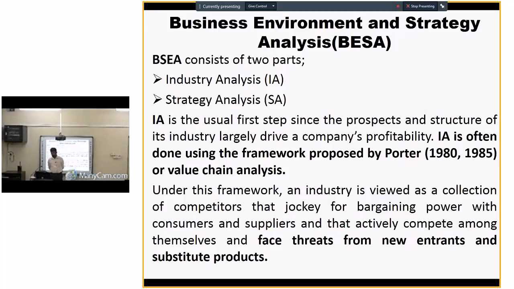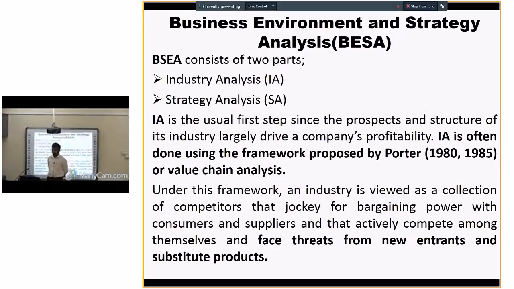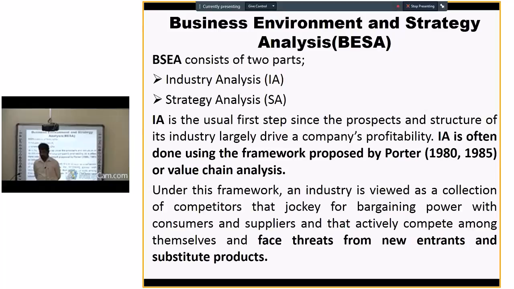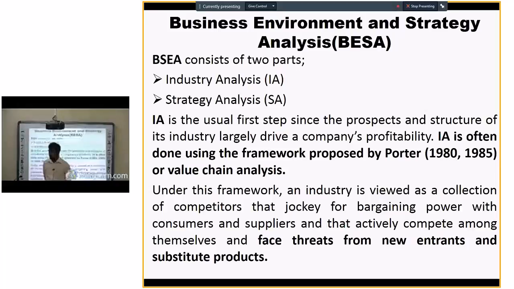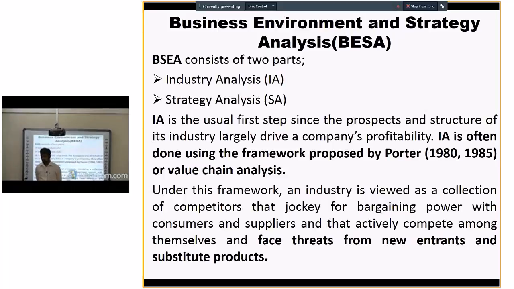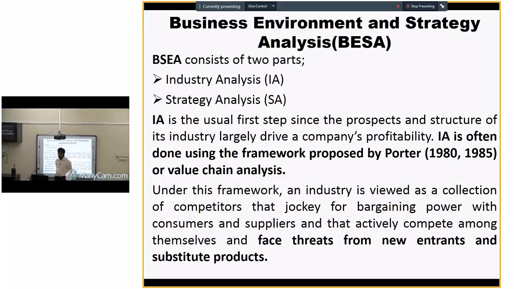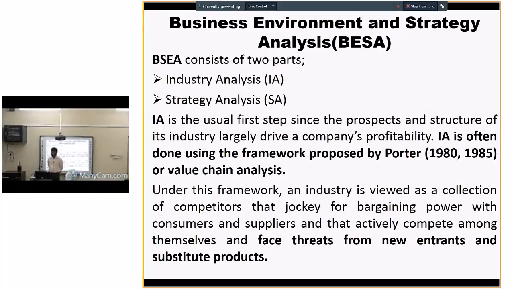Industry analysis is the usual first step, since the prospects and the structure of its industry largely drive a company's profitability. Industry analysis is often done using the framework proposed by Porter in 1980 and 85, or value chain analysis.